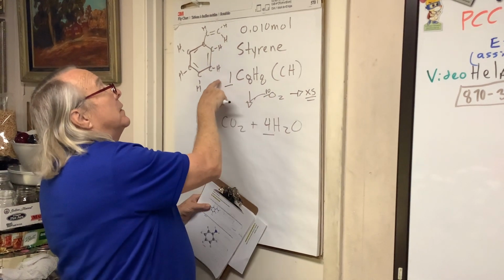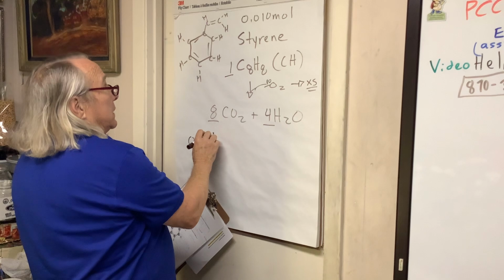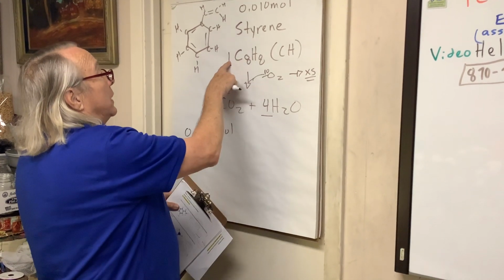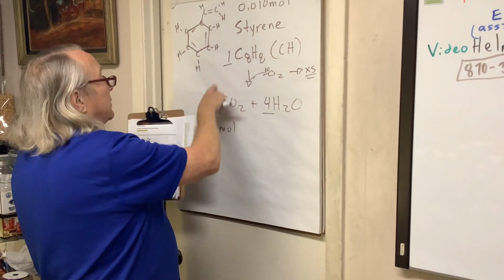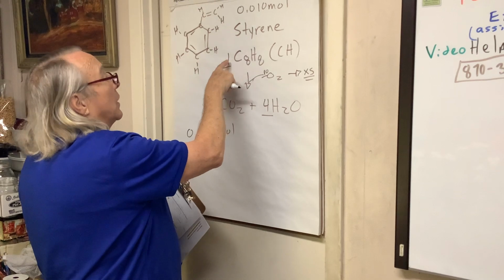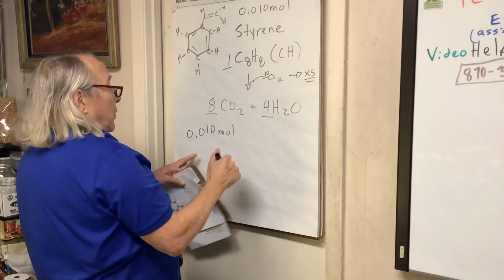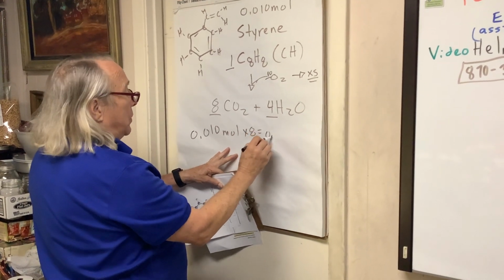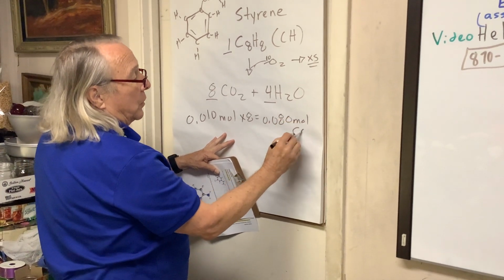I had 0.010 mole. And we know that here the ratio for making CO2, it says how many moles of CO2 we produce. For every 1 mole of this, we make 8 of those. So all I need to do is multiply this times 8, and I'm going to make 0.080 mole of carbon dioxide.